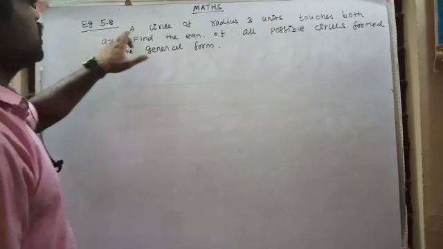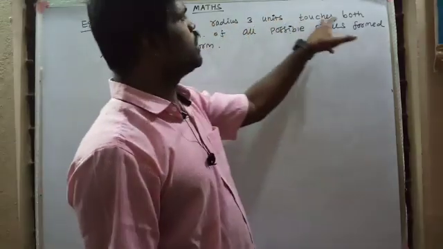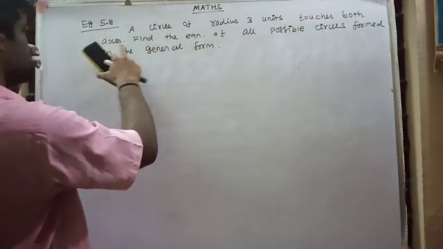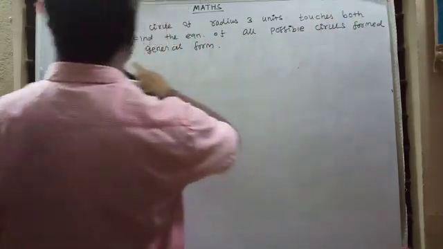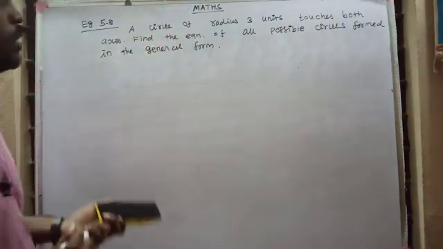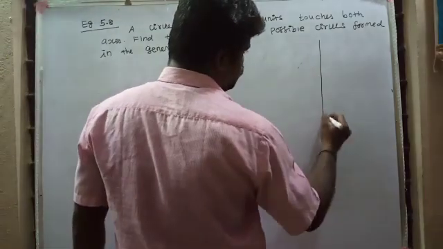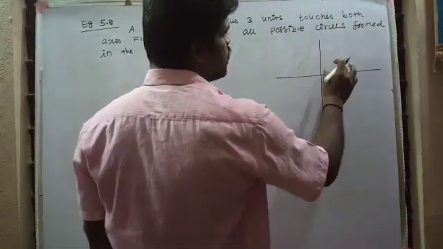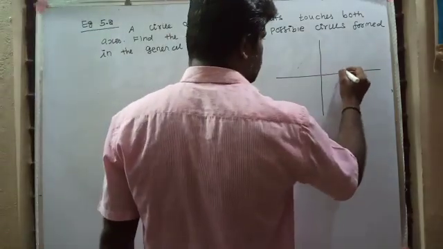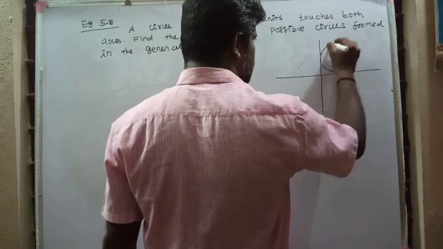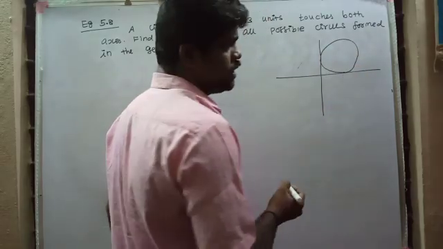Example 5.8. A circle of radius 3 units touches both axes. Find the equation of all possible circles formed in the general form. First of all, we want to find all possible circles that touch both axes. First, we draw a circle touching both axes.